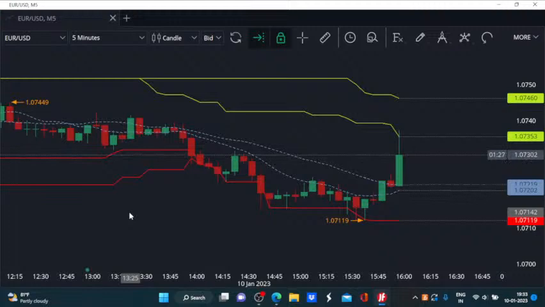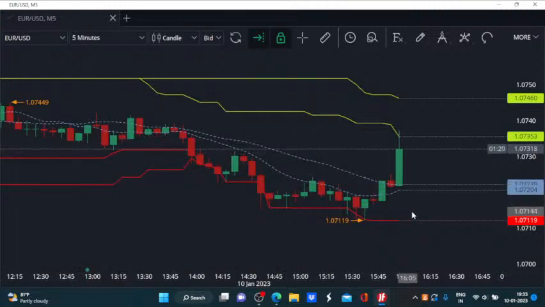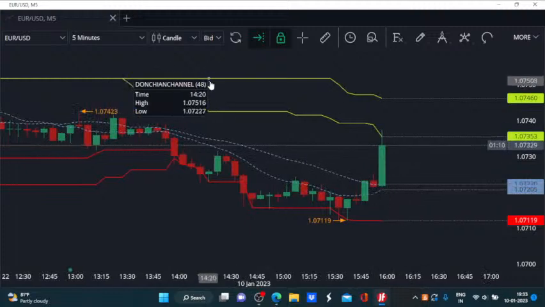We have seen Euro USD trading with a quite bigger range, but in today's session so far it has traded in a very narrow range of 40 pips, and as this move is gathering steam, I think we can expect the Euro USD to try to climb past this immediate swing high of 1.075.